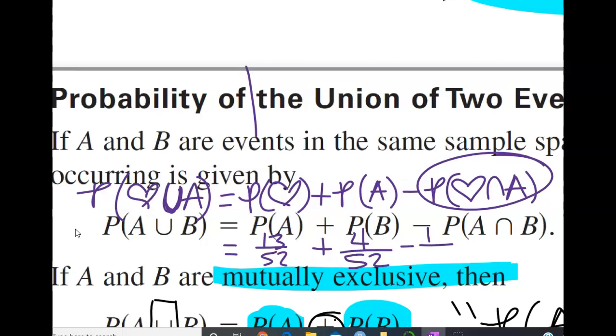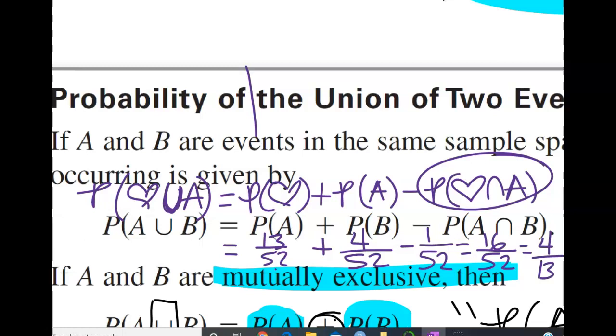out of 52. So in this case, we will have 13 plus 4, that's 17, minus 1, that is 16 over 52. And if we simplify this, we will get 4 over 13.